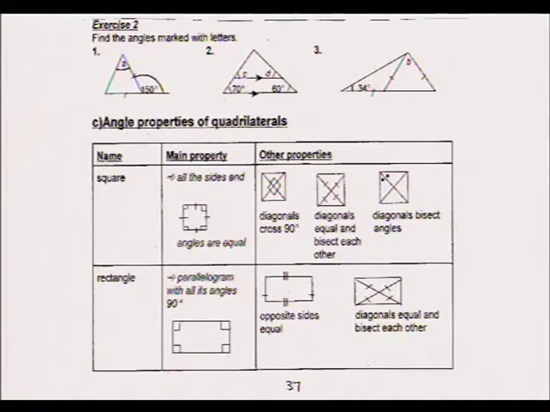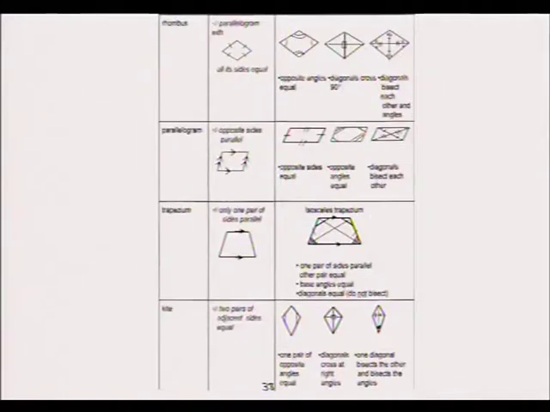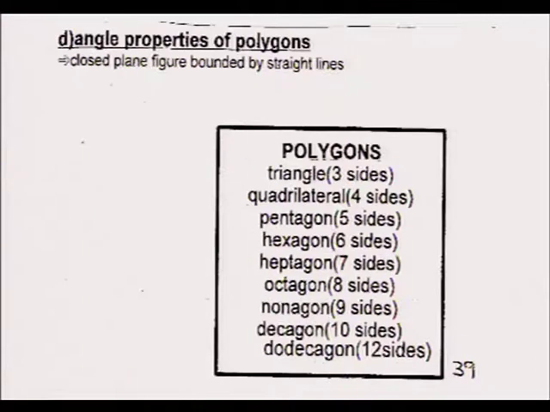of properties of quadrilaterals. The square, the rectangle, the rhombus, parallelogram, trapezium, the kite. Go through that and study that as well, not only numbers. Then you have angle properties of polygons. Triangles, quadrilaterals has 4. Pentagon, 5. Hexagon, 6 sides.